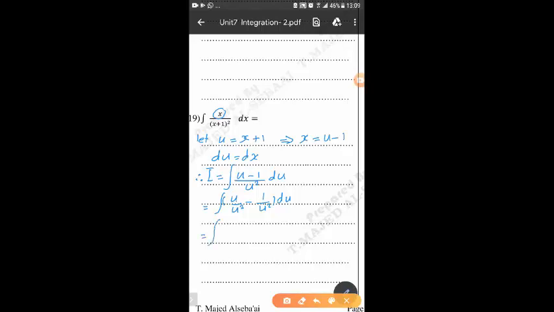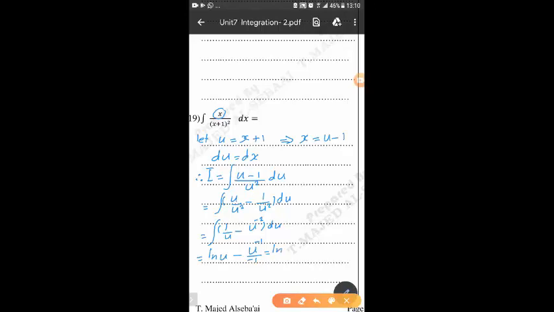Equal. u over u squared is 1 over u, minus 1 over u squared, I can write it like u to the power of negative 2. What is the integration of 1 over u du? It is ln u. Minus, u to the power of negative 2 is going to be u to the negative 1 over negative 1, because I added 1. Right?